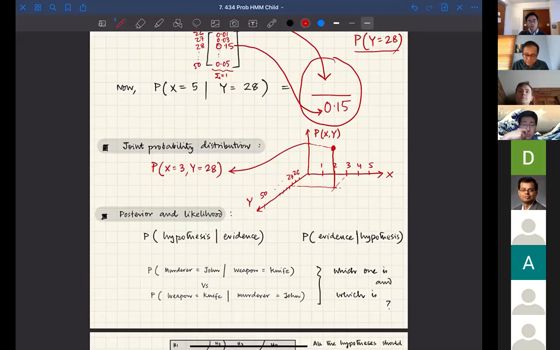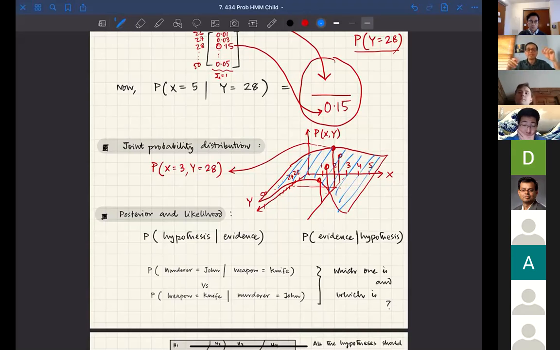There's a similar value for every point in this xy plane, right? So you can think of a surface over here. There's a surface, maybe I should draw that with blue. That surface tells you every probability for any given pair of values for x and y. That is the joint probability distribution.